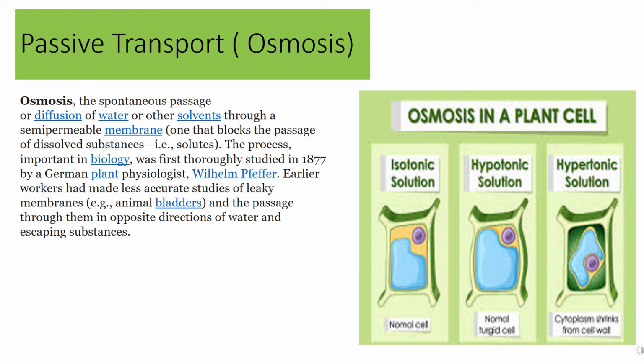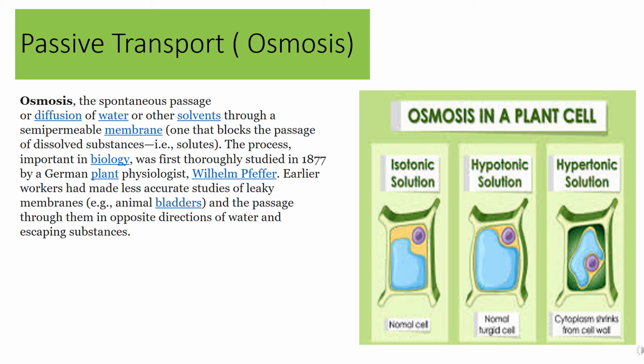The membrane separates the two areas and the solute is unable to pass through the membrane. Water will tend to flow from the area that has less solute to the area with more solute. The movement of water molecules remains continuous until both solutions attain equal concentration of water.